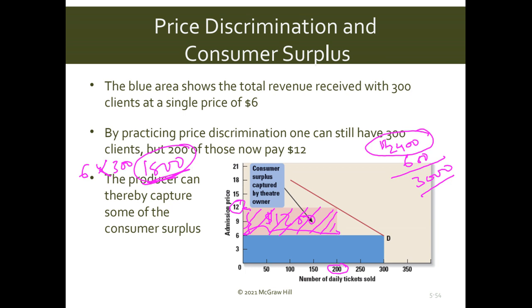So now they capture from consumer surplus this additional 1,200, because consumers were willing to pay this whole area. So the 1,200 is now taken from consumers by this monopolist through price discrimination. What is the remaining consumer surplus? The remaining consumer surplus would still be this whole triangle and this remaining small triangle. This part is gone through price discrimination.